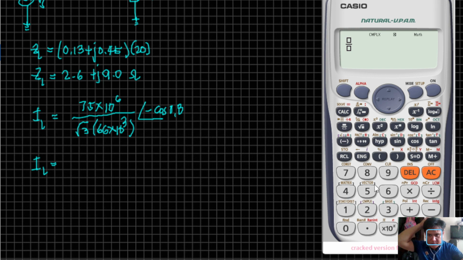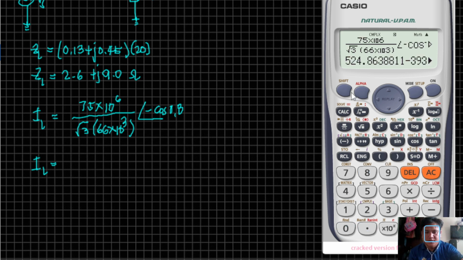Okay, so we have IL equivalent to 75 MVA over square root of 3 times 66,000, and angle of negative arc cos of 0.8.